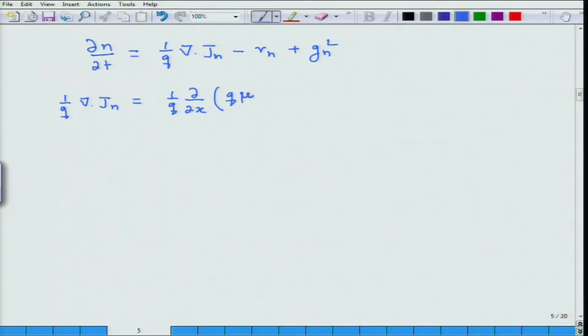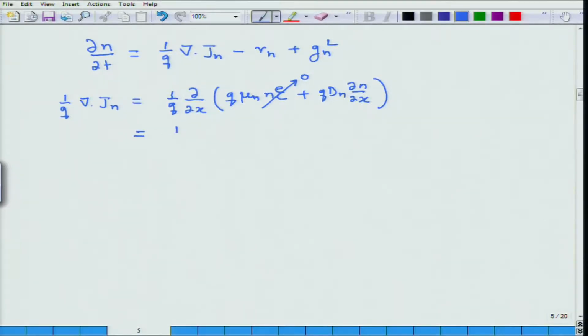This is going to be mu of n electric field plus q diffusion coefficient for electrons times del n del x. Now, immediately you can see, since we have said that there is no electric field, this term is going to go to 0.